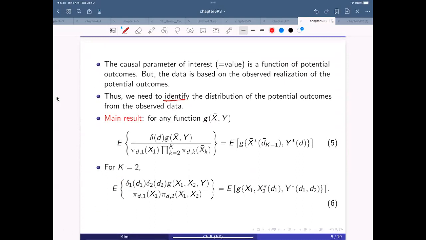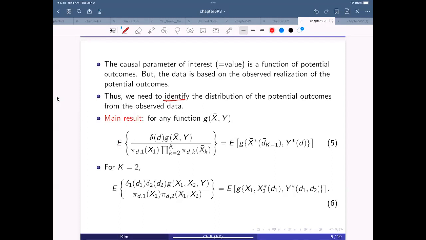As long as you establish equality and you can estimate one side from the data, then you are in a position to say that the potential outcome parameters are estimable from the data, as long as your model for this is correctly specified.